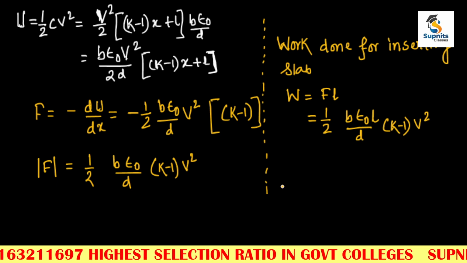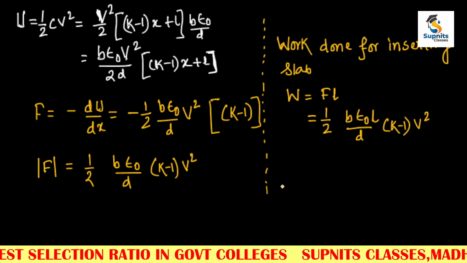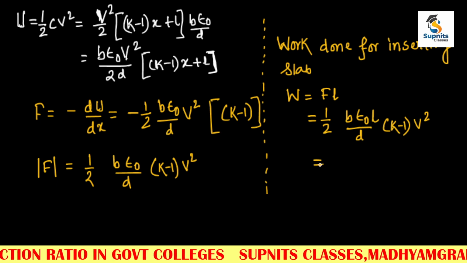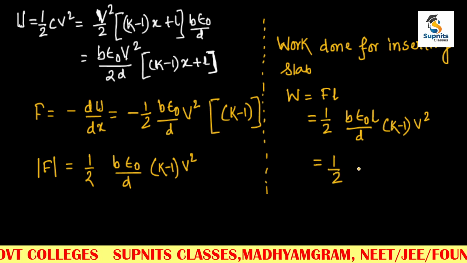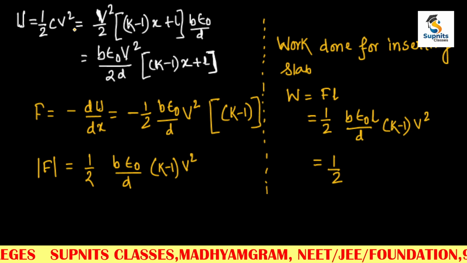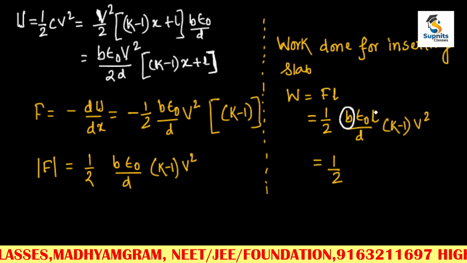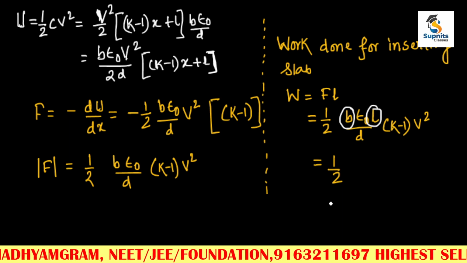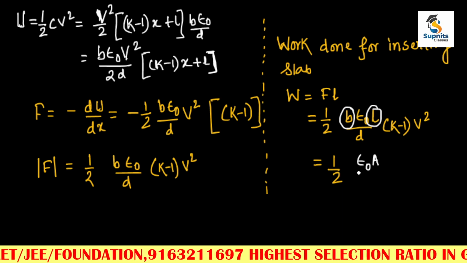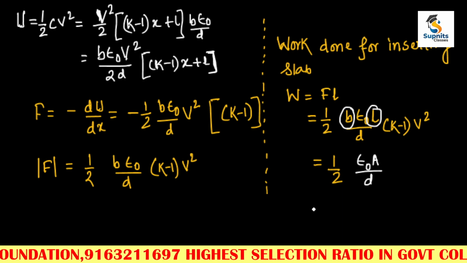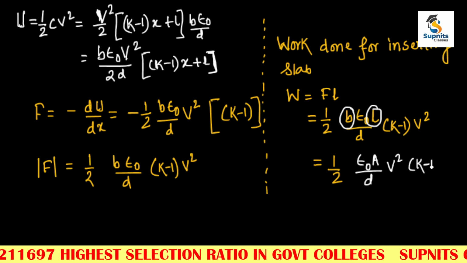Okay, this one can also be written as follows. Let us notice this: B into L is the area of the capacitor, and d is the separation, correct, into V square into (K minus 1).